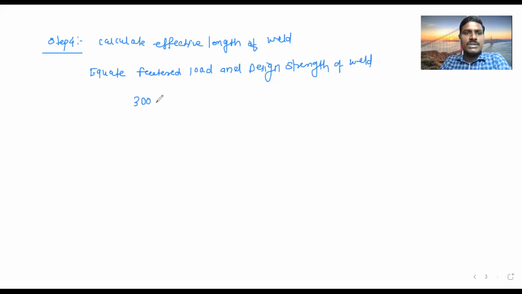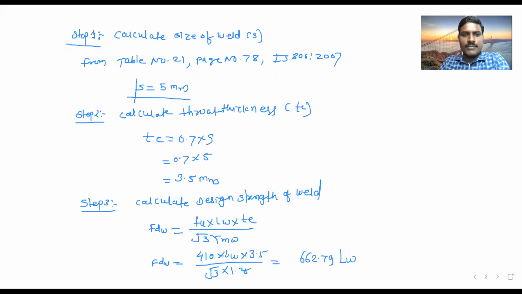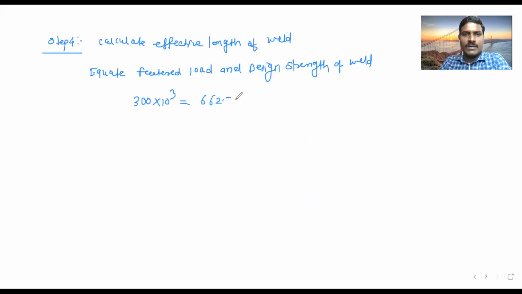So factored load is 300 into 10 raised to 3, which is equal to the design strength of the weld, 662.79 LW. So you can calculate LW here.